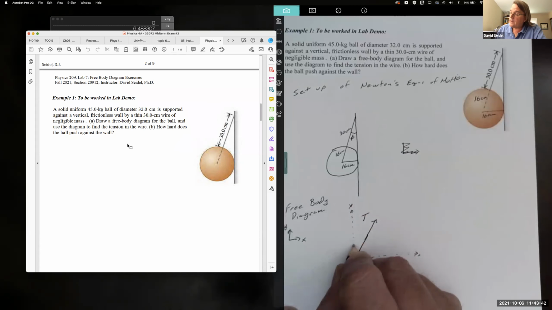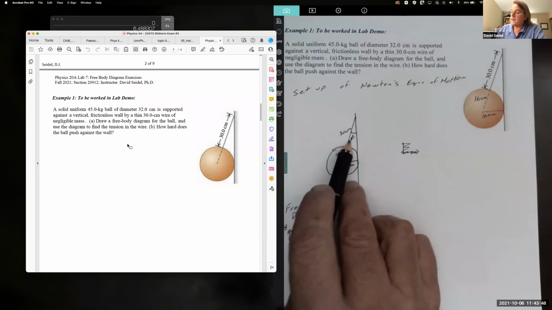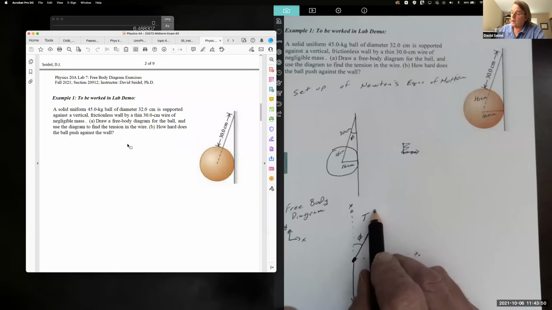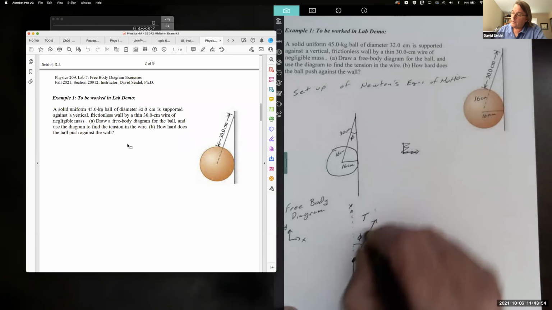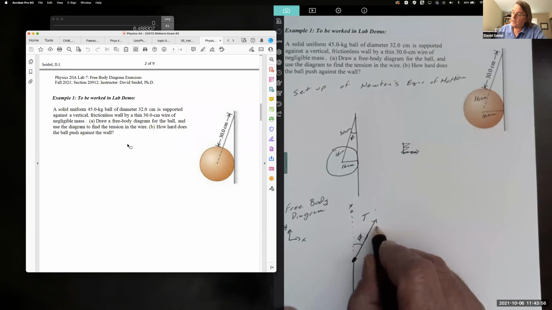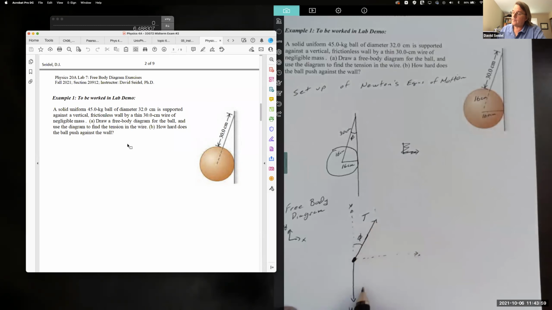So this angle here is also phi. That's the same as that angle there. They're opposite angles. So if this was phi here, this is phi here.